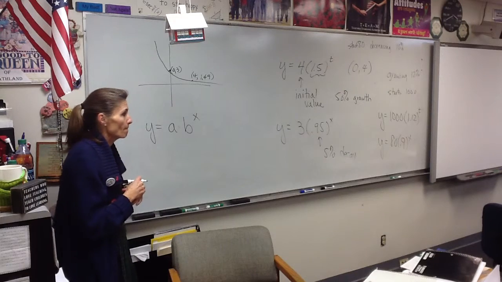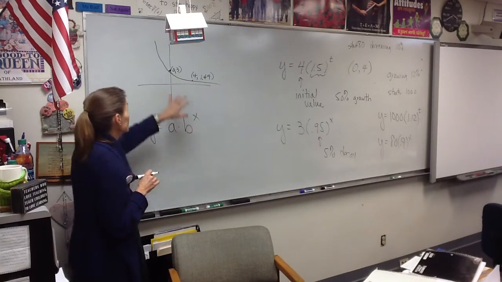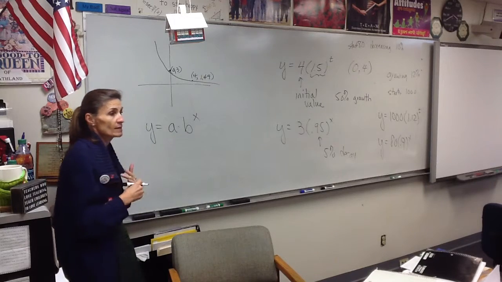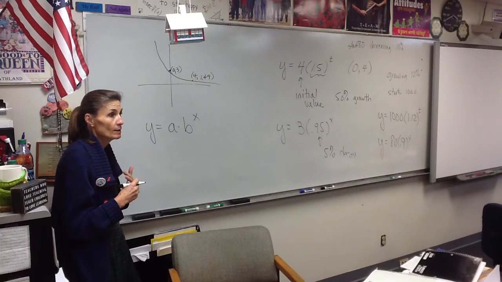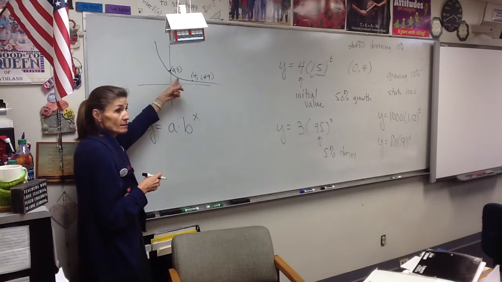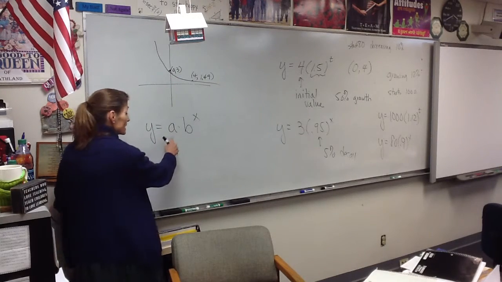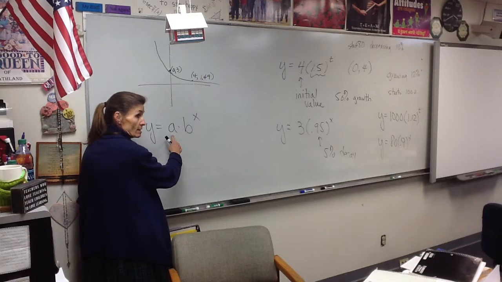How do you want to start? They gave you these 2 points and said write the equation of the exponential. The y-intercept is 3. So if you want to start by just plugging in 3, you can.